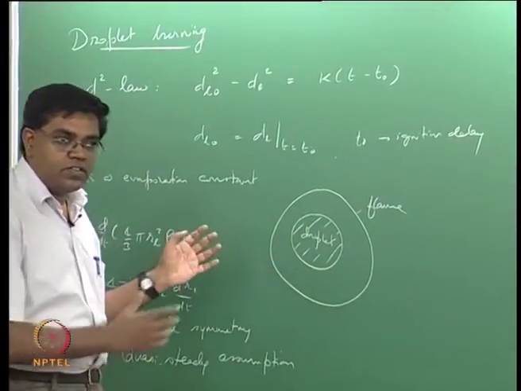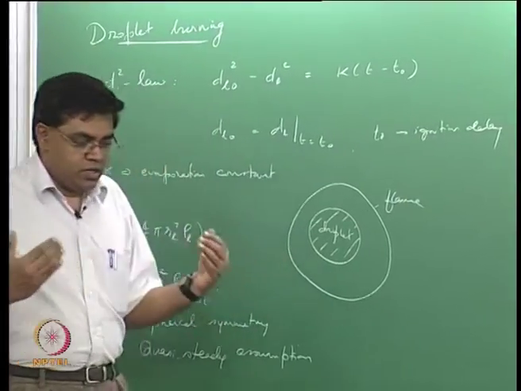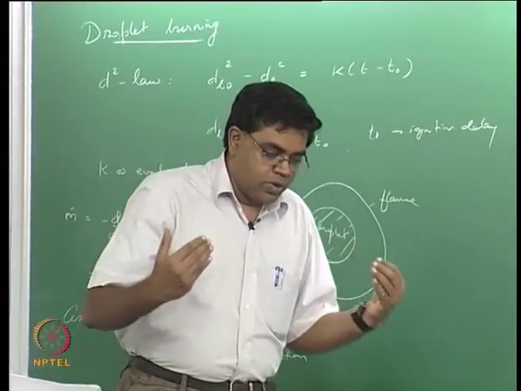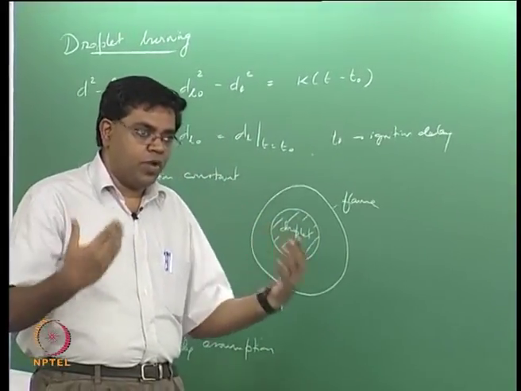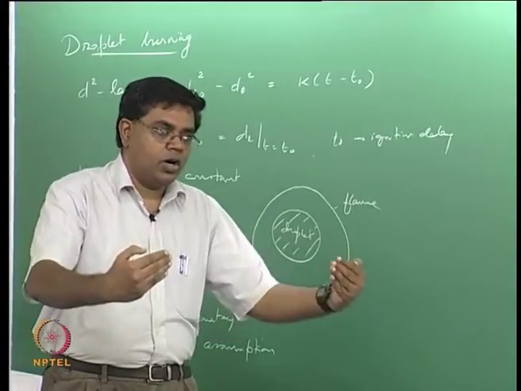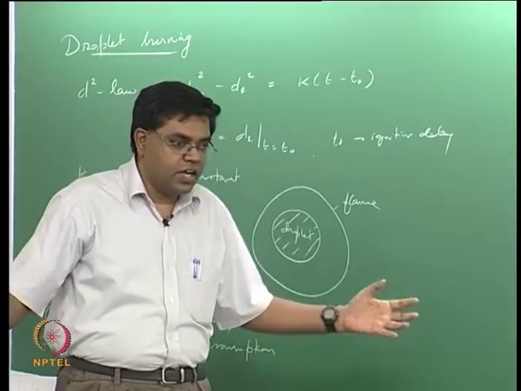So we would like to think that this is purely a mixing problem, wherein the liquid vaporizes and the fuel vapor steps out of the liquid surface after the vaporization and is just sitting there to diffuse.